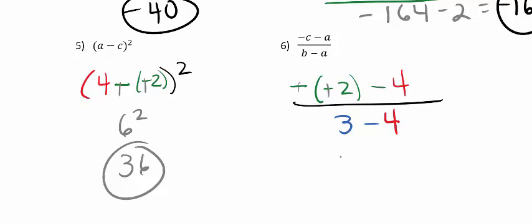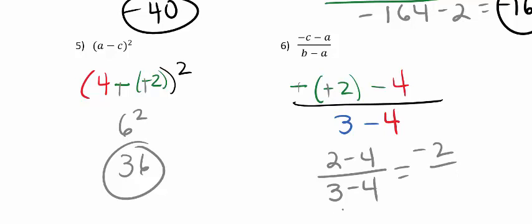That's going to become a +2. And the fraction bar acts like parentheses. We have to take care of everything in the numerator first and then everything in the denominator, and then we can divide last. So 2 minus 4 is -2, and then 3 minus 4 is -1, and then -2 divided by -1 is a +2.